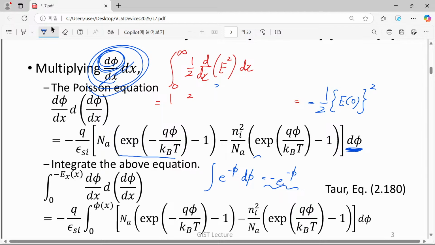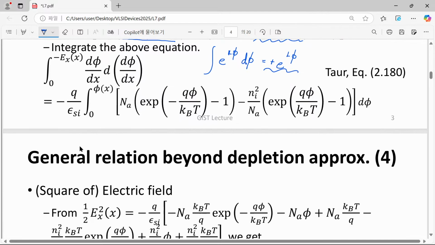And also here you can see the one with positive sign, and this gives us just a positive sign. So the first term and the third term can be easily integrated. And how about the second term? This is nothing but just minus NA, and this one gives us just phi. And here we have a similar term, just constants. So we will have just a phi dependent term. So this integration can be done quite easily.